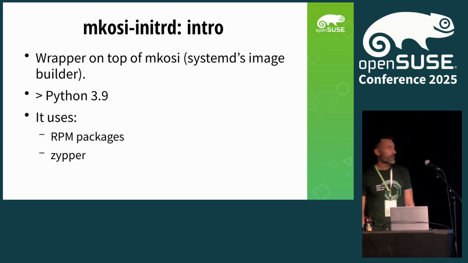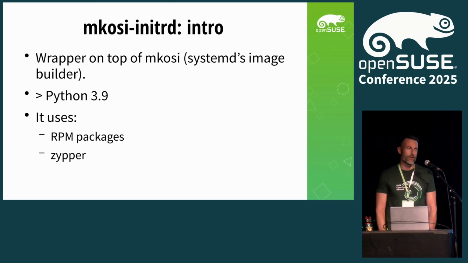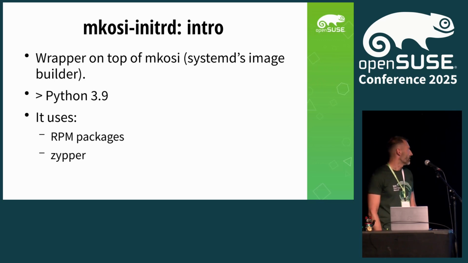And mkosi-initrd can be considered another initrd generator. But the way it works is different. I mean, it is a wrapper on top of mkosi, which in turn is an OS image builder, specifically the image builder created by systemd. They have the same upstream.